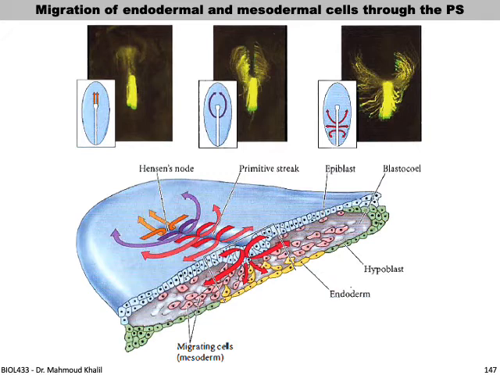You can see that they migrate from exterior to interior, and by looking at the arrows you can see how the migration occurs. Again, it's another figure showing the arrows, the color-coded movement, showing how the cells migrate rolling over the primitive streak. The red cells are the mesodermal, and the yellow cells are the endodermal.